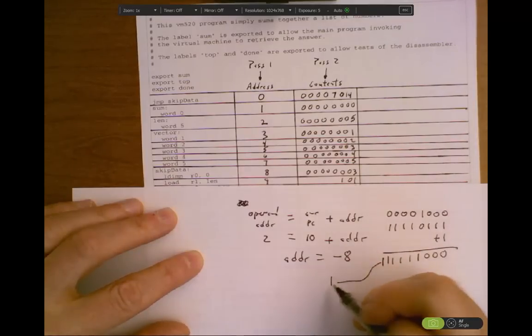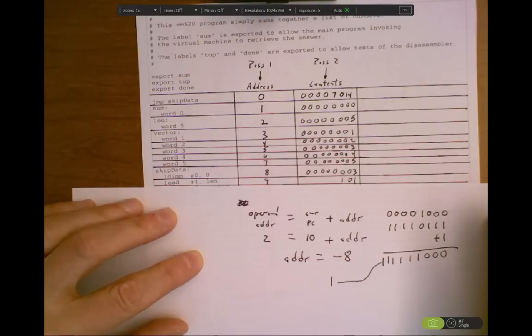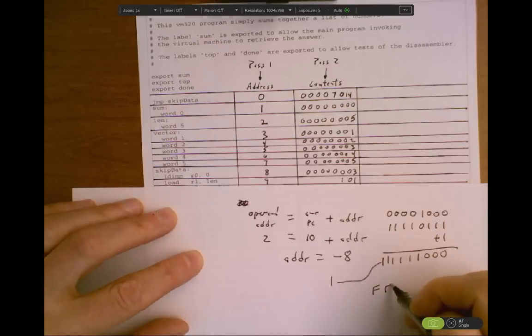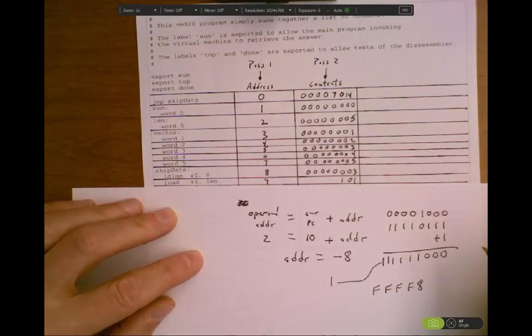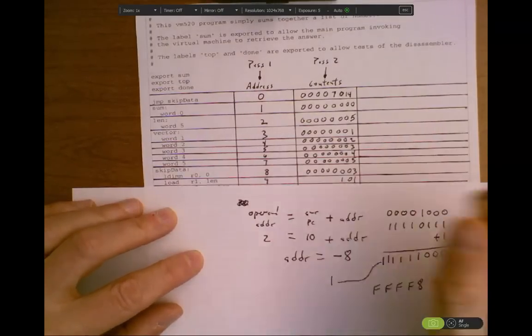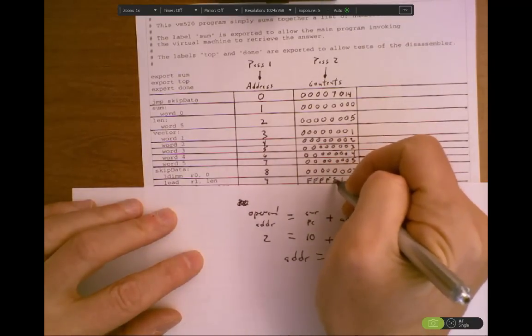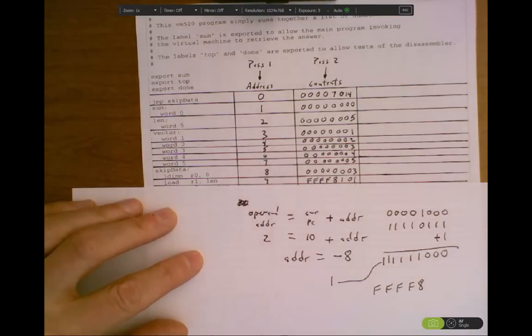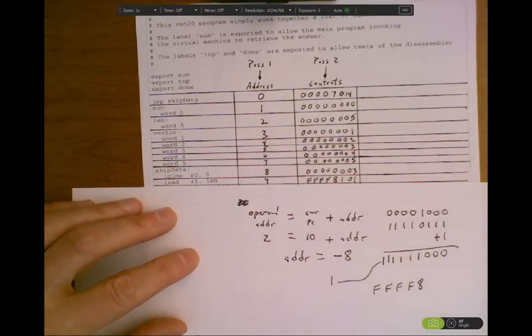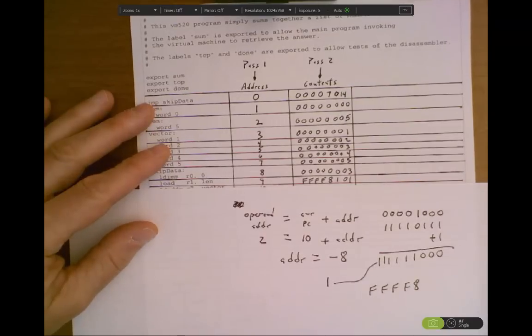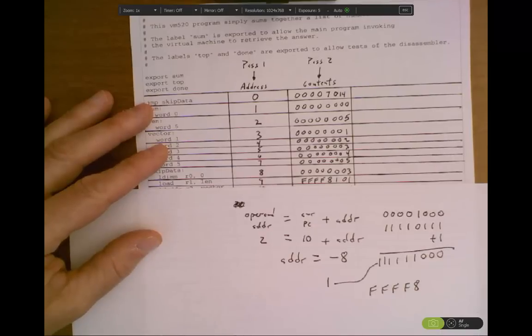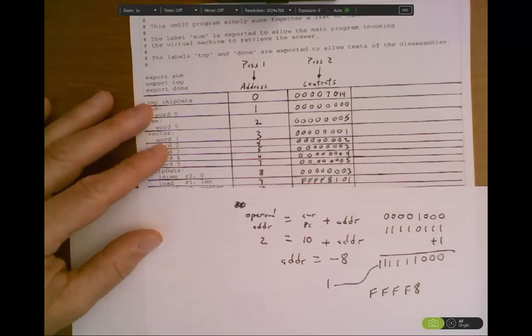I'm going to extend out with a bunch of 1s. So the 20-bit constant is going to be F, F, F, F, 8. So I fill that in here. Alright, so make sure you understand that. If that doesn't seem to make sense, then raise questions on Piazza or bring them to recitation.